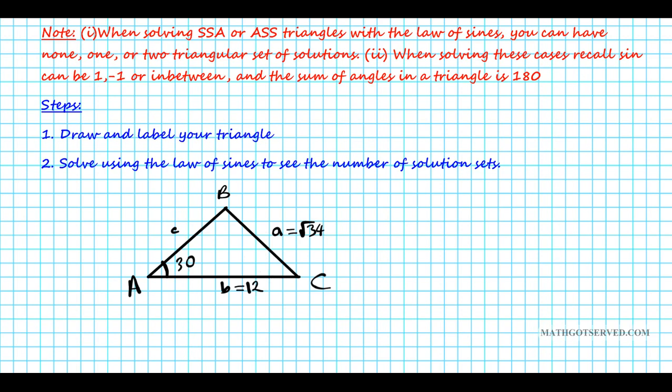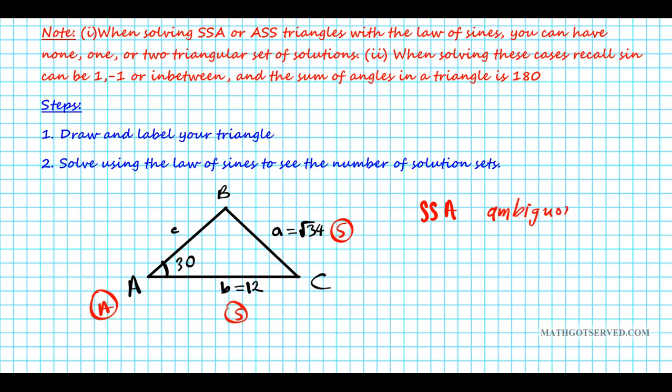All right. So what kind of law of sines problem is this? We have side, side, and angle. Okay, SSA. Anytime you see SSA or ASS, what should you keep in mind? This is an ambiguous situation or an ambiguous case, okay?